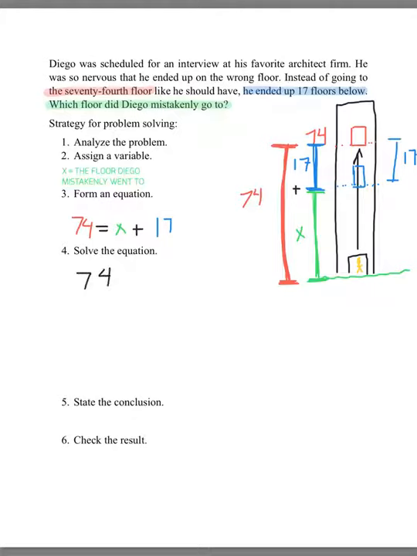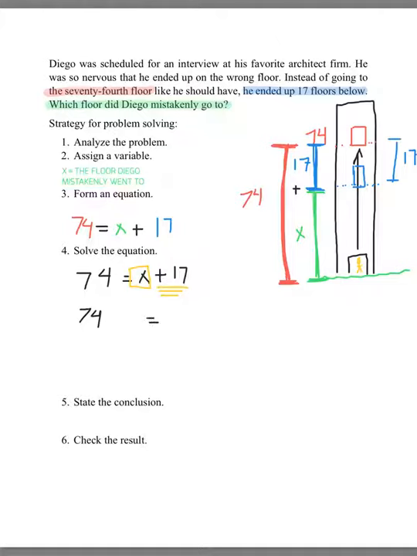Let's go ahead and solve. We'll start off with the original equation, 74 is equal to x plus 17. Again, we want to get the x variable completely by itself. So we want to undo this addition of 17. The only way to undo addition is through its opposite operation, which is subtraction. So we're going to subtract 17 from both sides.